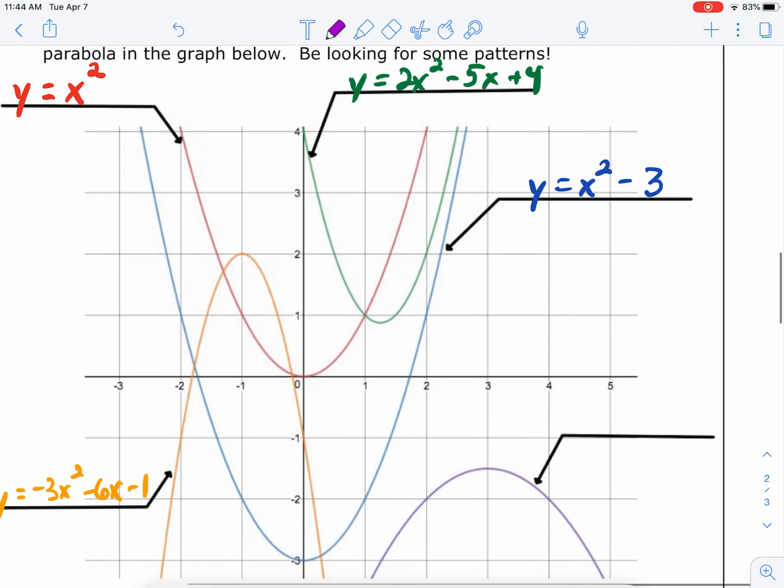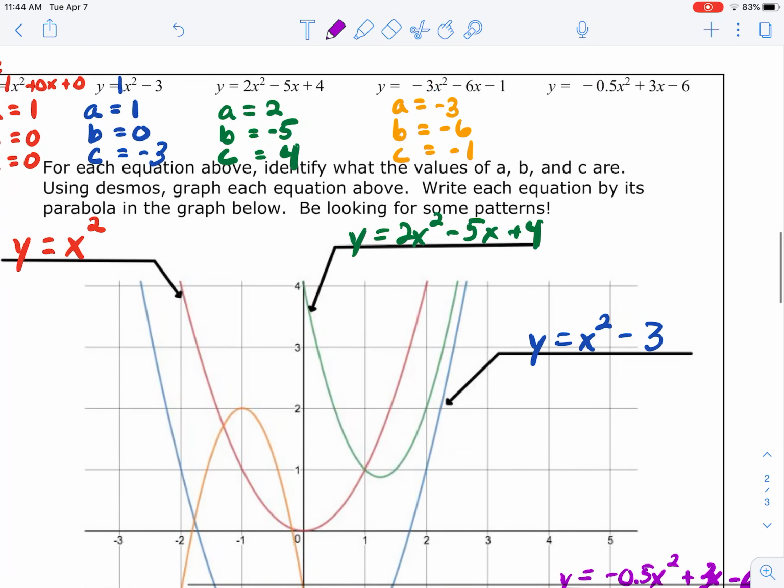That one is y equals negative 0.5x squared, so negative a half x squared, plus 3x minus 6. And you'll notice on that one, our a value is negative 1/2, negative 0.5. Our b value is 3, and our c value is negative 6.